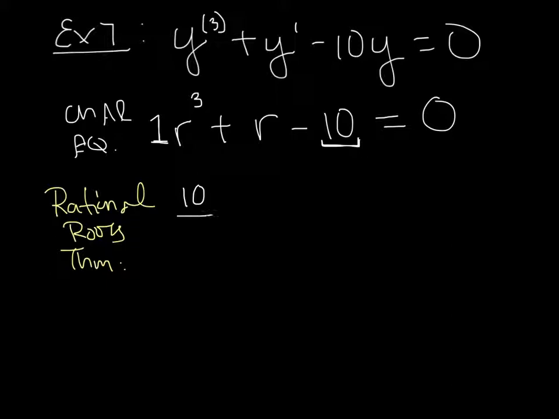You take 10 over 1, so Q over P, which is just 10 over 1, which is 10.